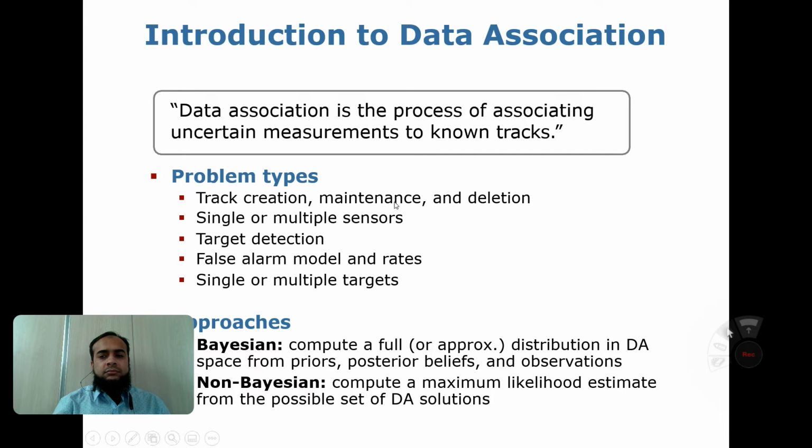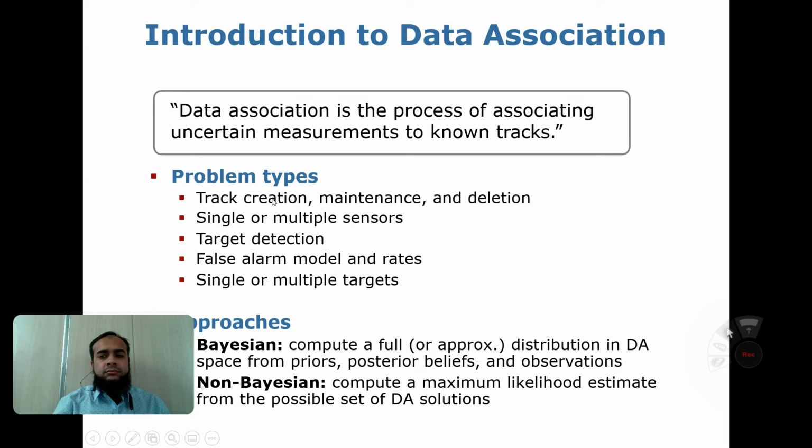To maintain the track, the probability should be 0.95 or 0.975, and for deletion it can be 0.01 or 0.02 or less. So we can delete the track. If the existence probability is 0.01, it means there is no target, and the track is tracking clutter or some random object, so we can delete the track.